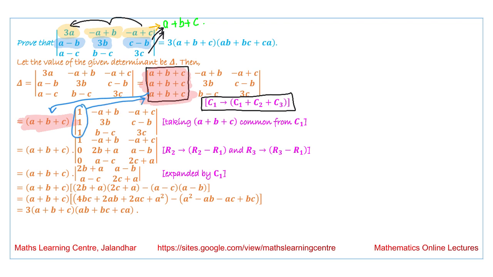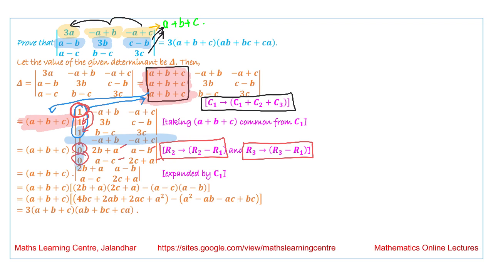Next step we have to do is, with the help of this first one, we are going to make both these terms equal to 0. So we have performed the operation that row 2 approaches row 2 minus row 1, row 3 approaches row 3 minus row 1. So these terms will become 0 and these terms will be changed accordingly. Now next step we have to do is, we have to open the determinant along this first column.